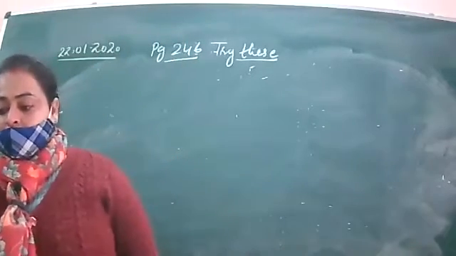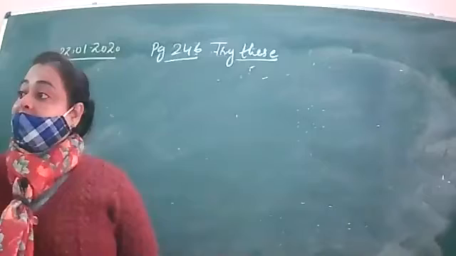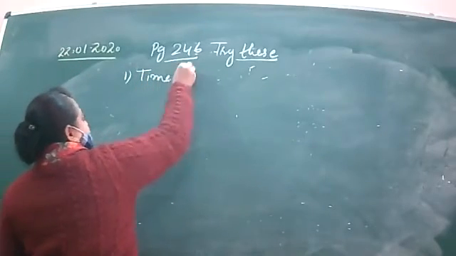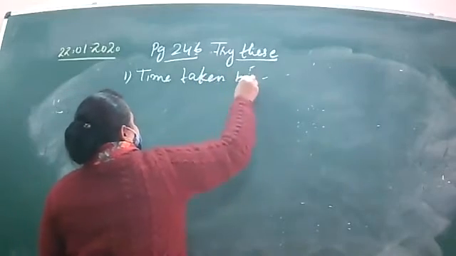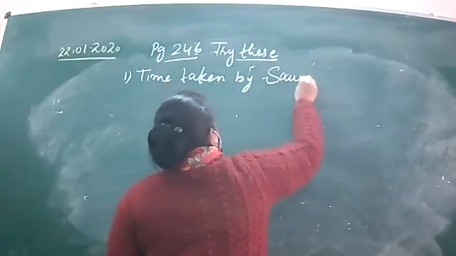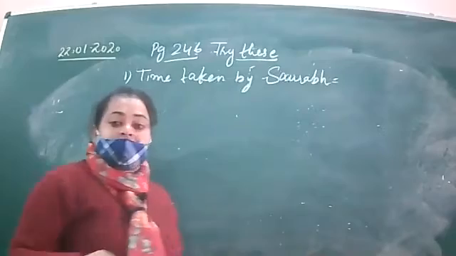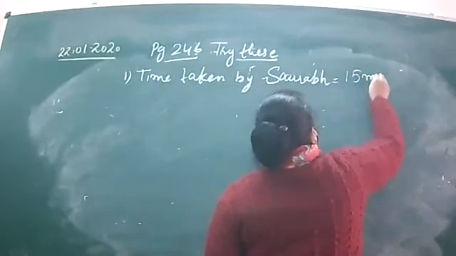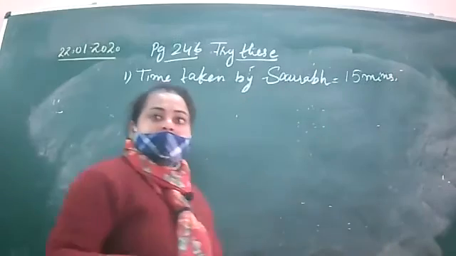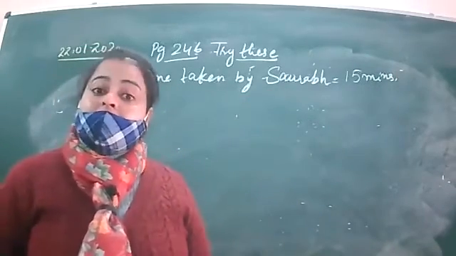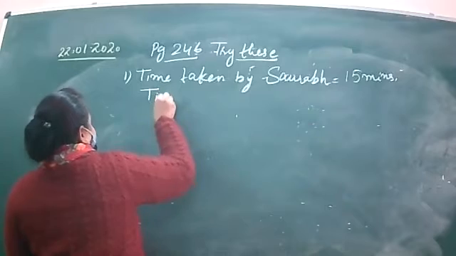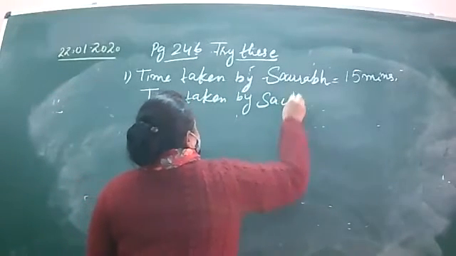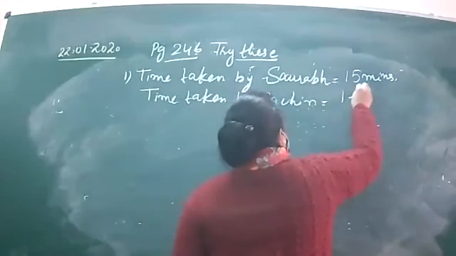Now to solve this sum, first of all, you will write time taken by Saurabh. Time taken by Saurabh is given to you, 15 minutes. After that, time taken by Sachin, 1 hour.